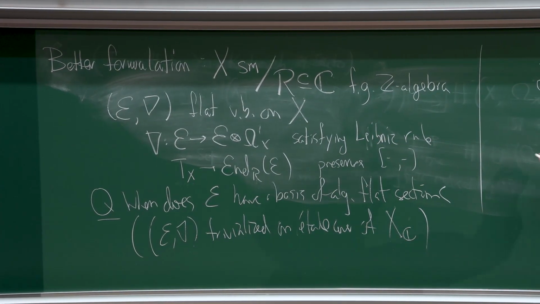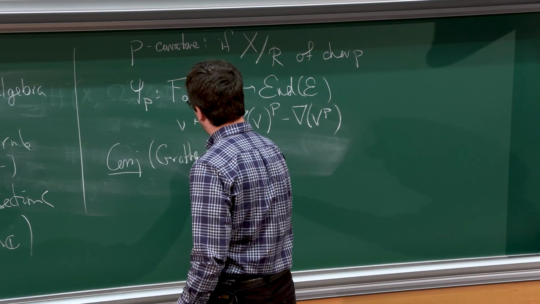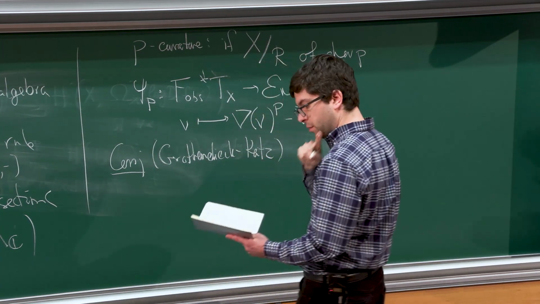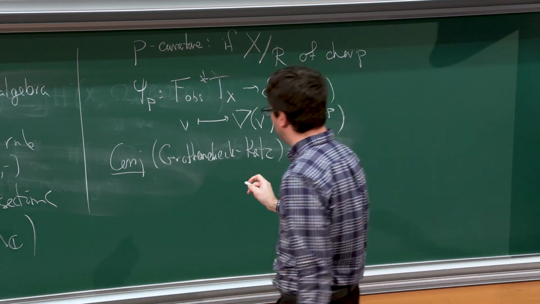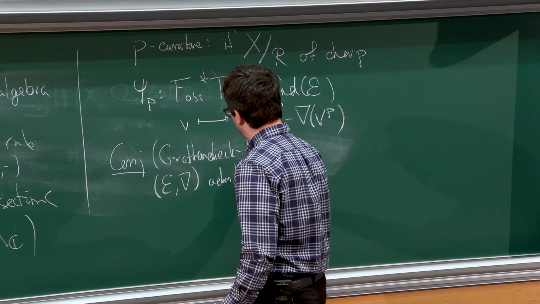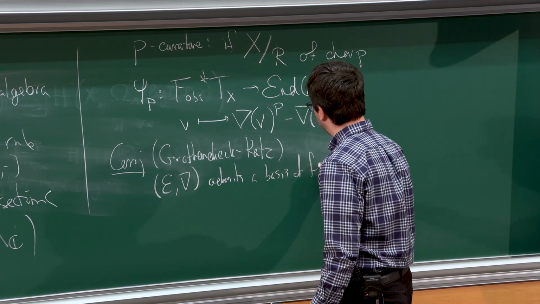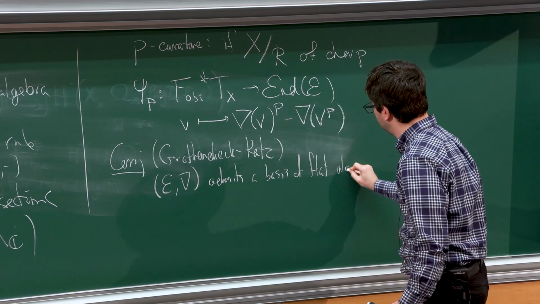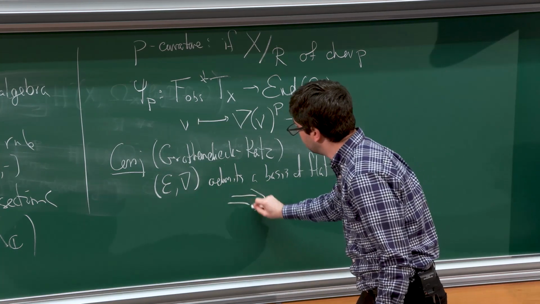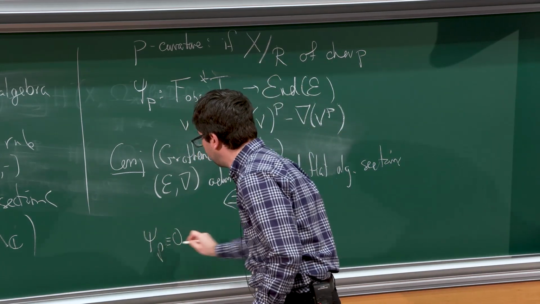Okay, and the conjecture of Grothendieck-Katz is the following. So E nabla admits a basis of flat algebraic sections if and only if this map C_p is identically 0.